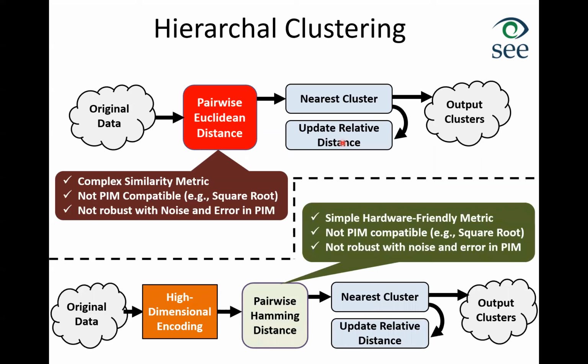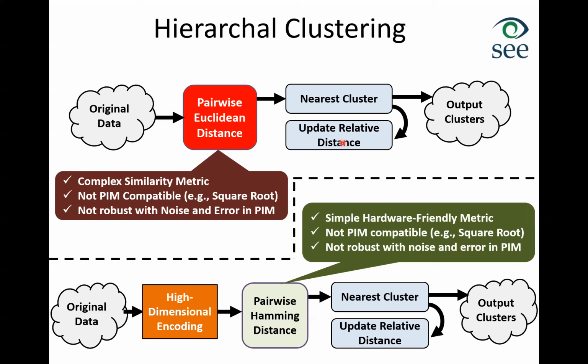Our solution is to map data points into another space where values can be represented using a holographic representation. The mapping has several advantages. It maps data to a high dimensional binary space where all bits have the same impact on the computation. In fact, there is no most significant bit or least significant bit here.